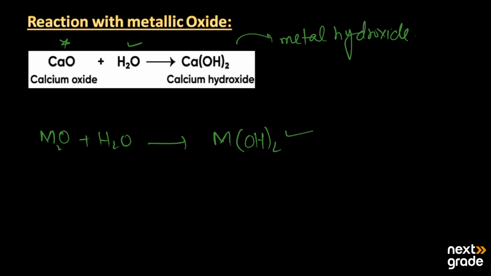Here we have the reaction of calcium oxide with the water molecule, and the product is calcium hydroxide. It means the water just gives the hydroxyl group to the calcium and it produces its respective metal hydroxide.